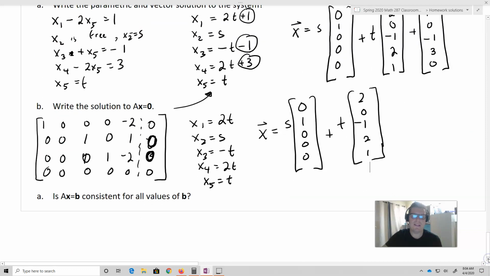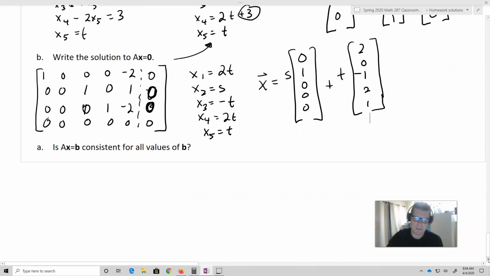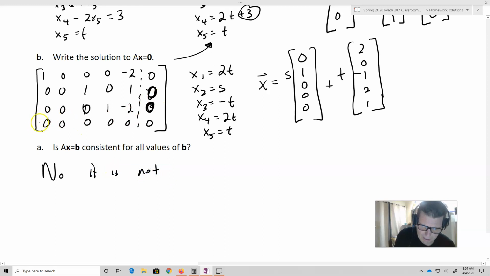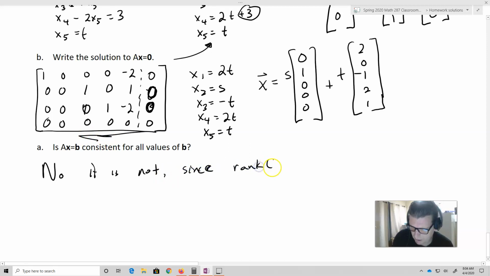Now, is Ax equal b consistent for all values of b? And the answer is no, it is not. Take a look here, right? We have a row of zeros down here on the bottom. Since the rank, there's a theorem that we talked about.